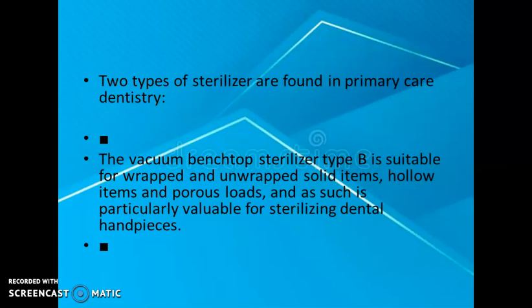And here I am also mentioning two types of sterilizers. We have already discussed the steam sterilizer, dry heat sterilizer, etc. These are used in primary care dentistry. That is the vacuum benchtop sterilizer, type B, which is suitable for wrapped and unwrapped solid items, hollow items and porous loads, and as such is particularly valuable for sterilizing dental handpieces.